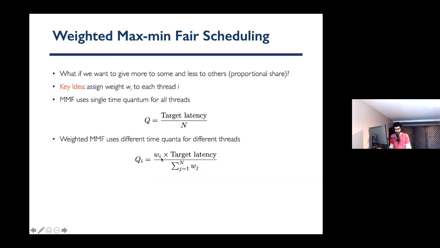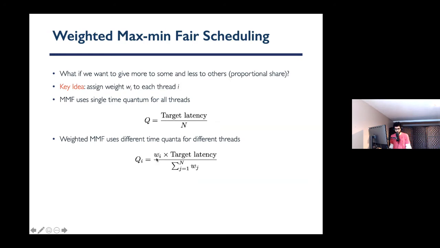This is how we do it: target latency times the weight of this thread divided by the sum of weights in the system. If everybody has the same weight, say Wi is 1 for everyone, then this formula becomes exactly like the earlier one, because it becomes 1 times target latency, which is target latency, and the denominator is 1 plus 1 plus 1, n times, so it becomes n. So it becomes target latency divided by n.